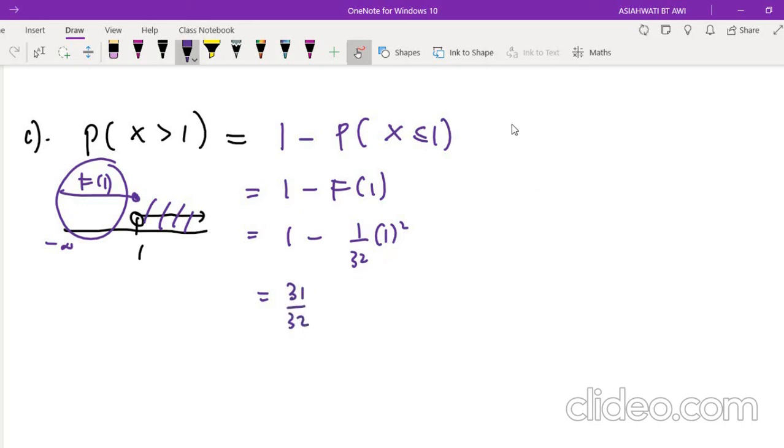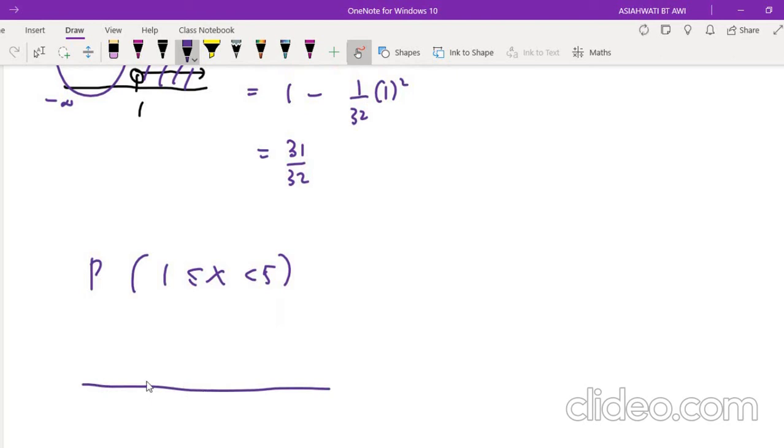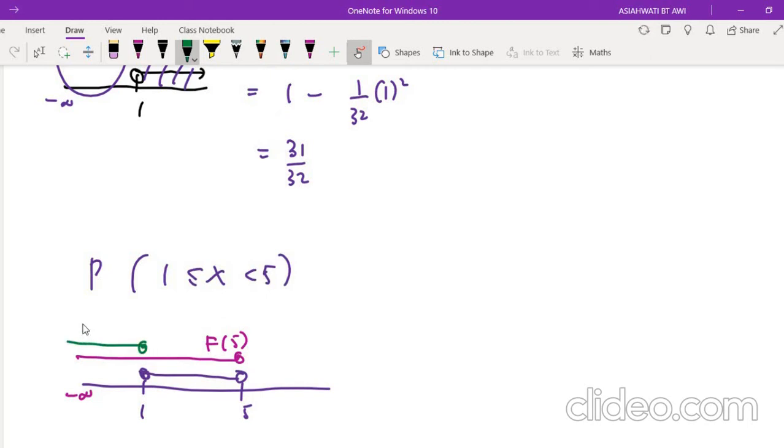Then to find the probability that X lies between 1 and 5: if you want to use the cumulative, take from negative infinity to 5, F(5), minus from negative infinity up to 1, F(1). So F(5) minus F(1).